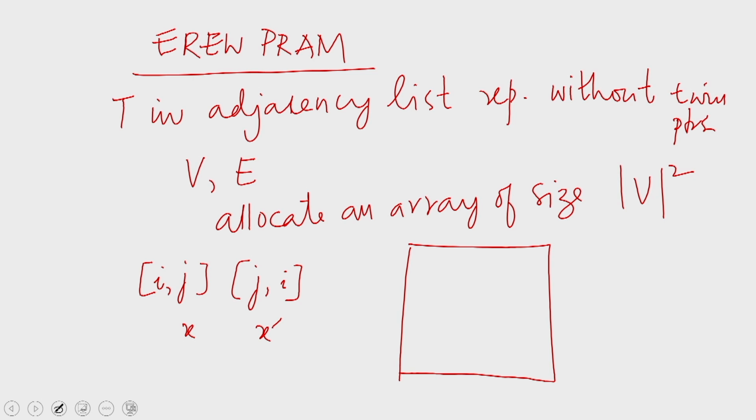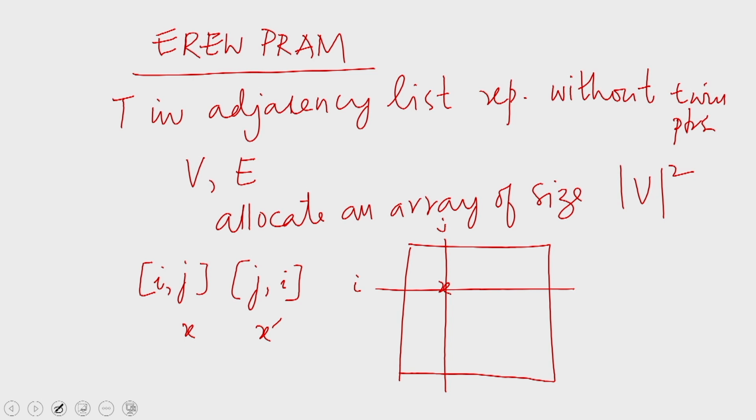Then the processors sitting at I j and j I will do this. The processor sitting on I j will go to the I jth location of this two-dimensional array and write x there.